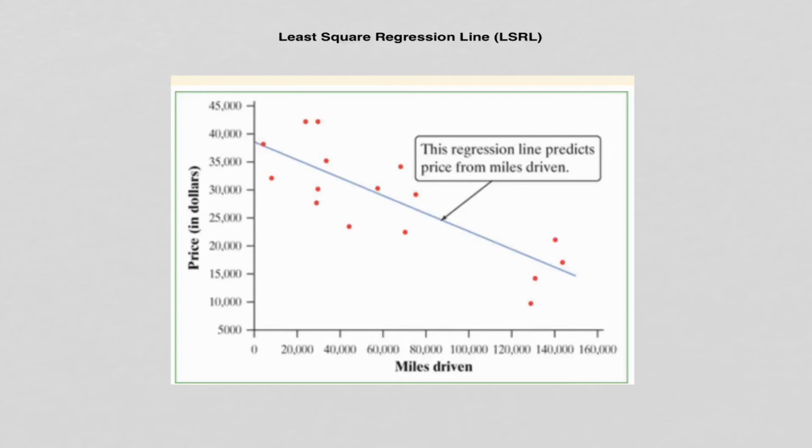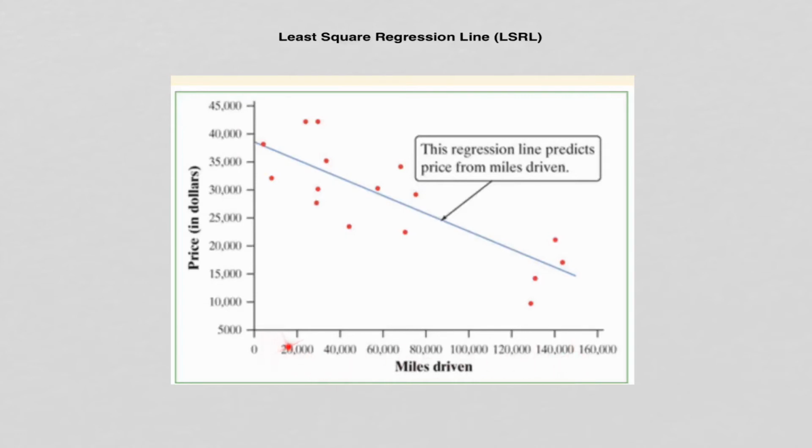Watch. Put it in black. So this point here is an observed point. By the way, I forgot to explain what this is about. These are prices of trucks in relation to the miles they have been driven.